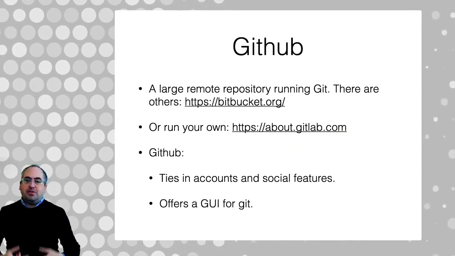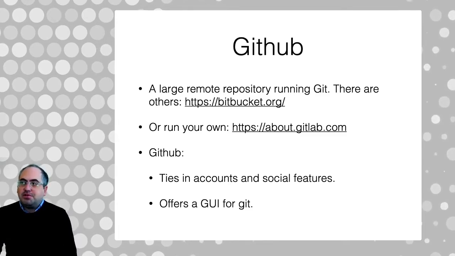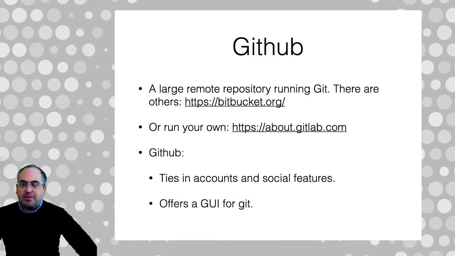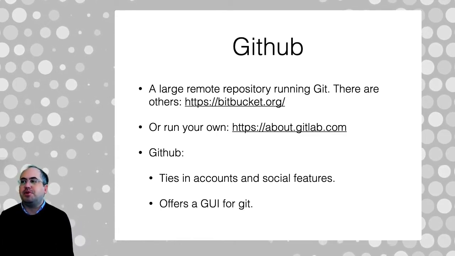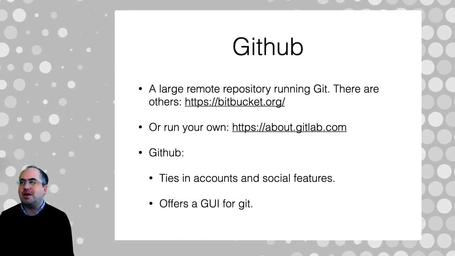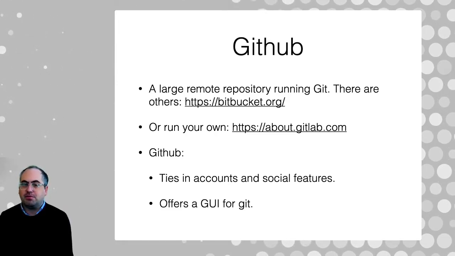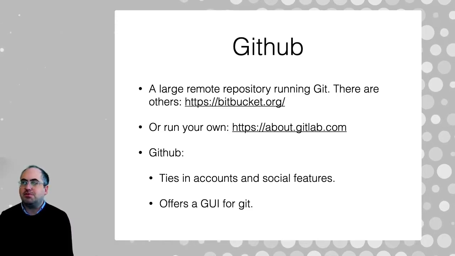As I mentioned, the remote repository that we're going to be using is GitHub. But there are other providers of these remote repositories. Bitbucket is one of them, run by Atlassian. And you can even run your own remote repository, in the form of GitLab.